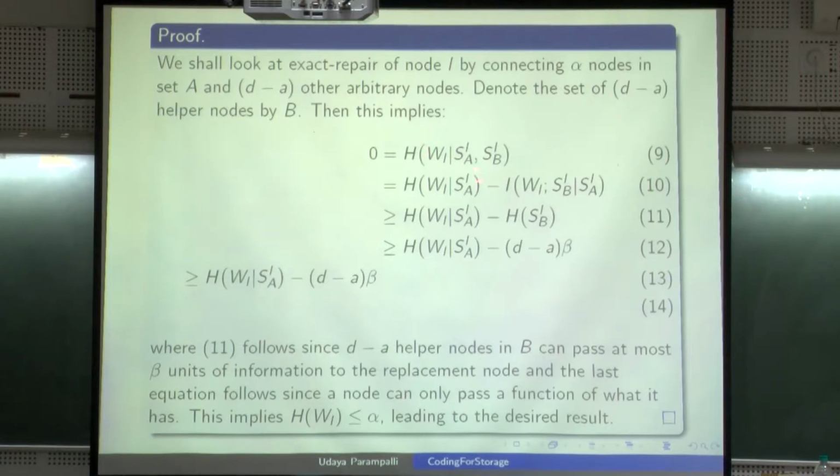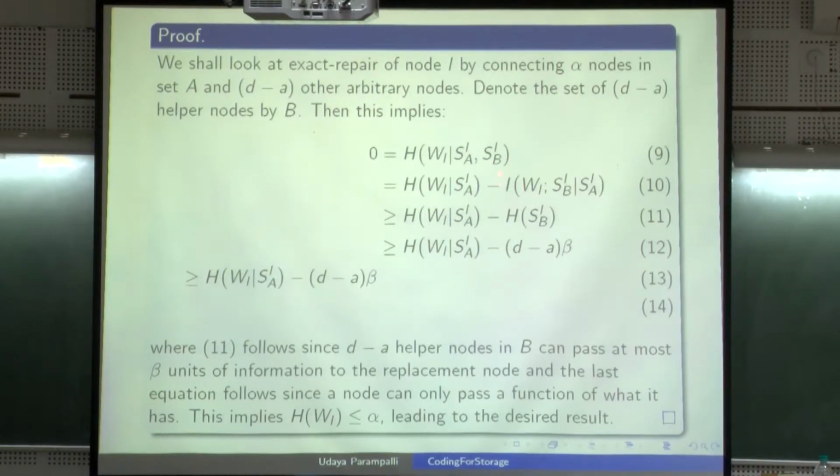Then I use information theory calculus and write this as the entropy of W_L given S_A^L, minus the mutual information between W_L and S_B^L given S_A^L. Is that step clear? After that, this is lower bounded by information theoretic means.